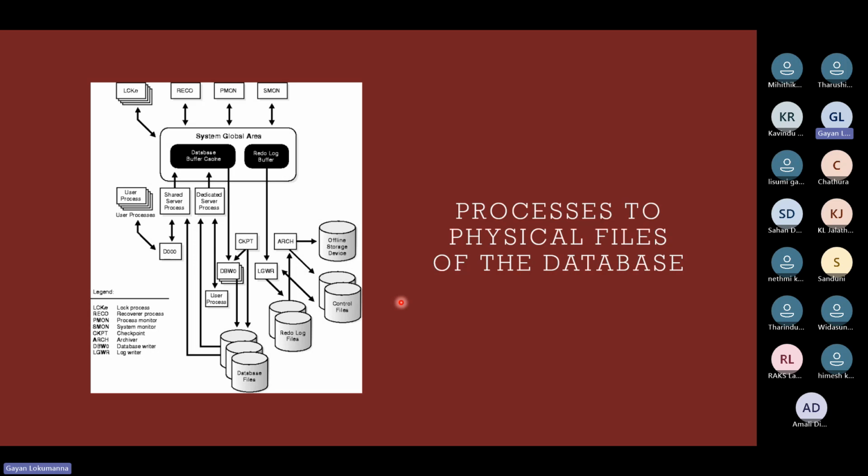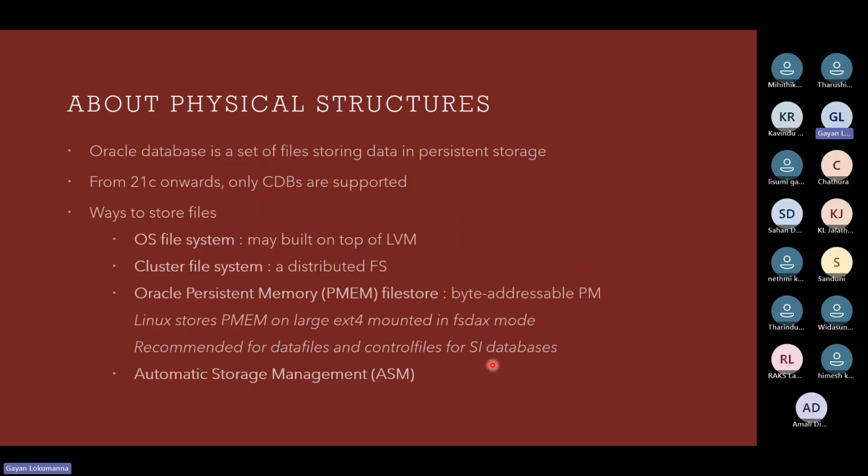So this database is a collection of all these files. In essence, the database is logical because it's a combination of multiple files. It's not just a single file. In terms of the physical architecture or structures within the database, the data is stored in persistent storage.